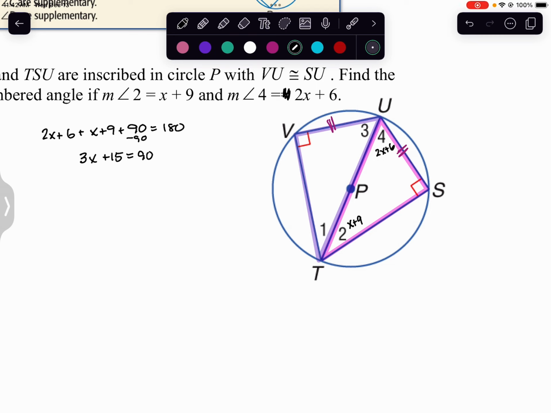I subtracted 90 from both sides to make my number smaller and then combined like terms. Then I'm going to get 3x is equal to 75 if we subtract 15 from both sides. And that's going to leave me with x to be 25. Okay, so x is 25.